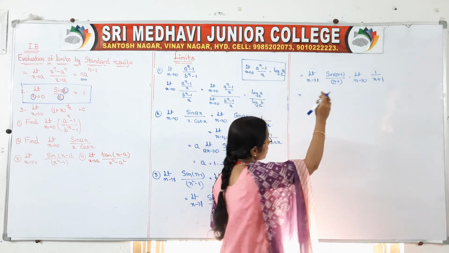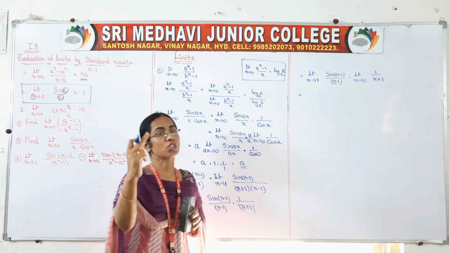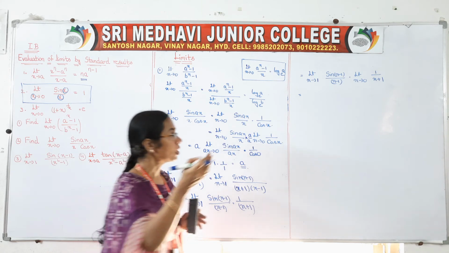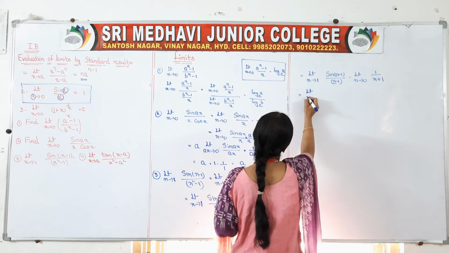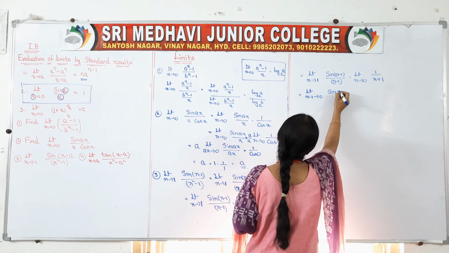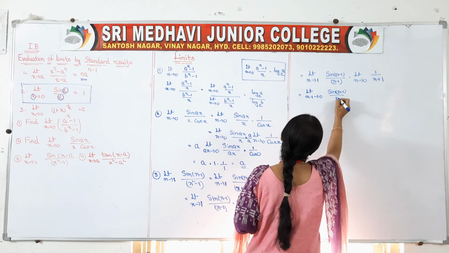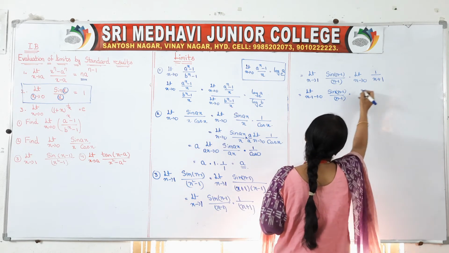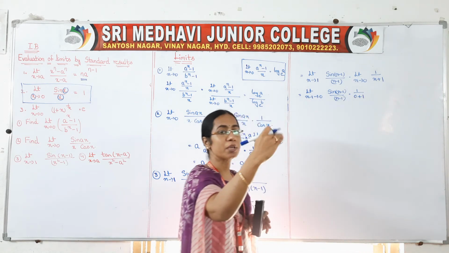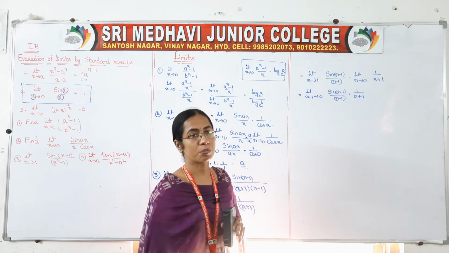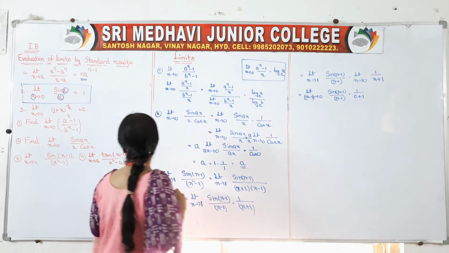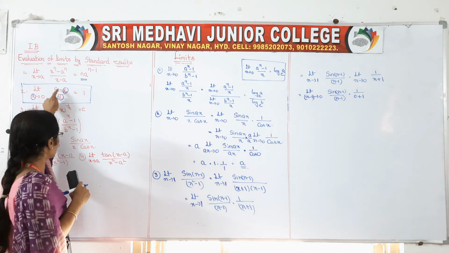So if x tends to 1, x value is almost equal to 1, then x minus 1 is 1 minus 1, which tends to 0. So limit x minus 1 tends to 0 of sin(x minus 1) by x minus 1 is equal to 1, by the standard formula, limit x tends to 0 of sin x by x equals 1.